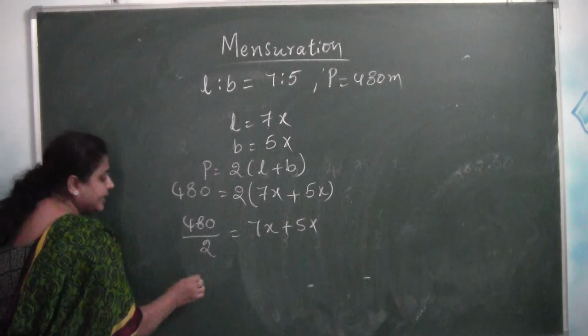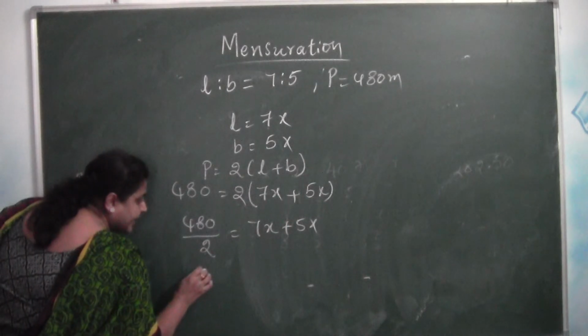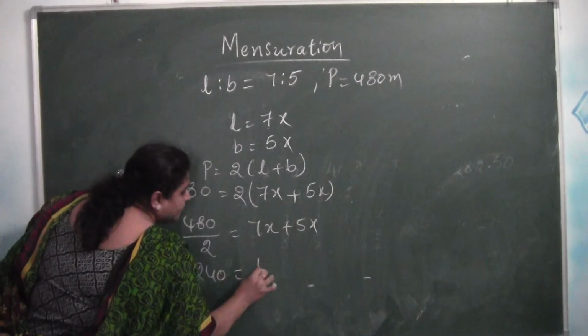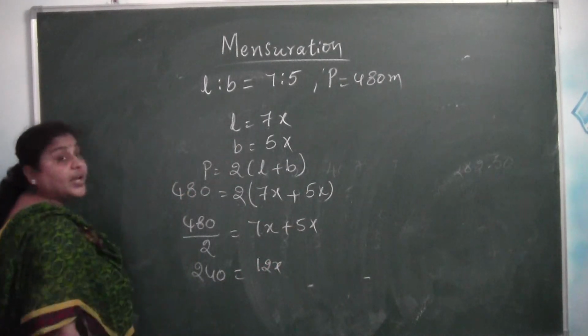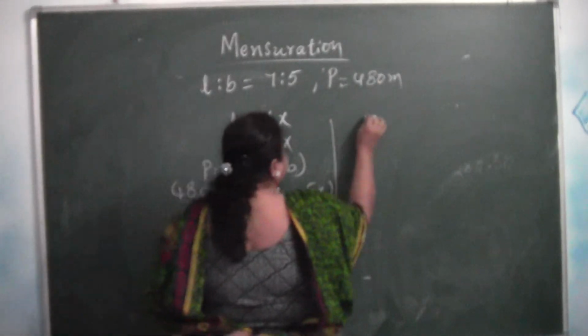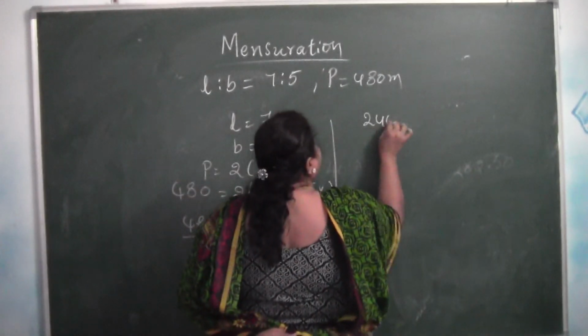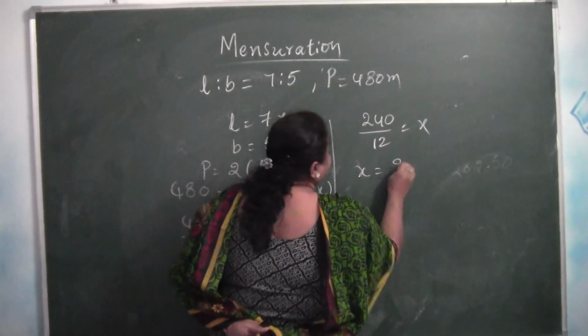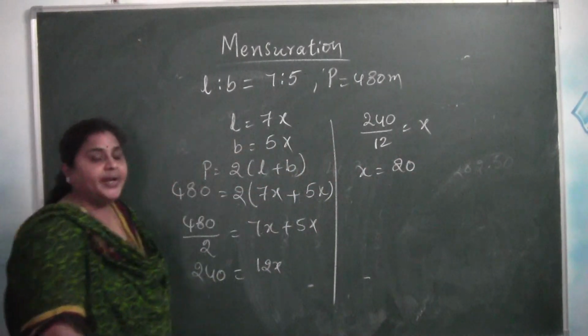Dividing 480 by 2, you will get 240 is equal to 7x plus 5x, that is 12x. Now divide it. I need the x value, that is 240 by 12 is equal to x. So x is equal to 20.